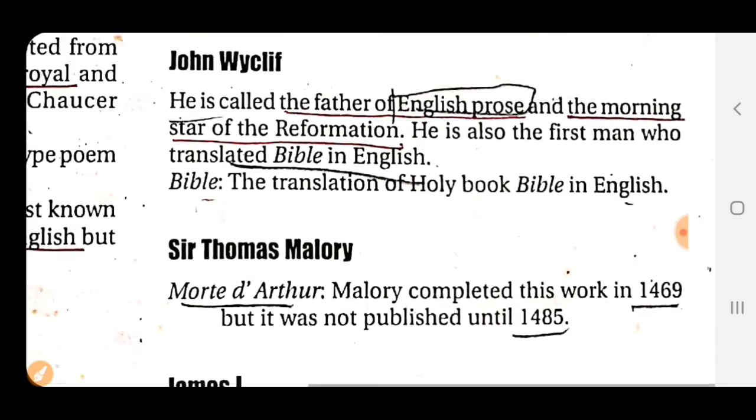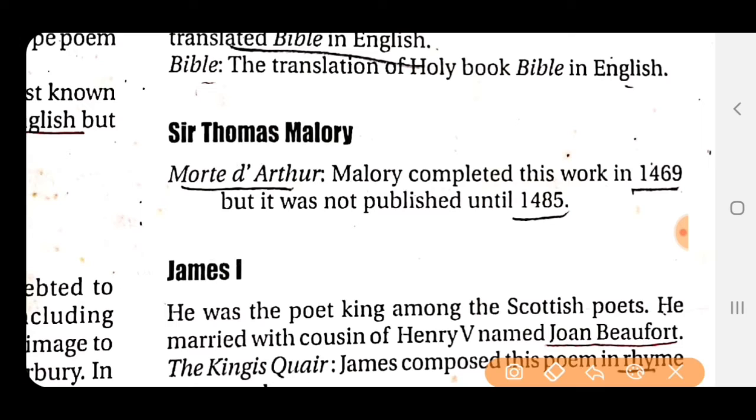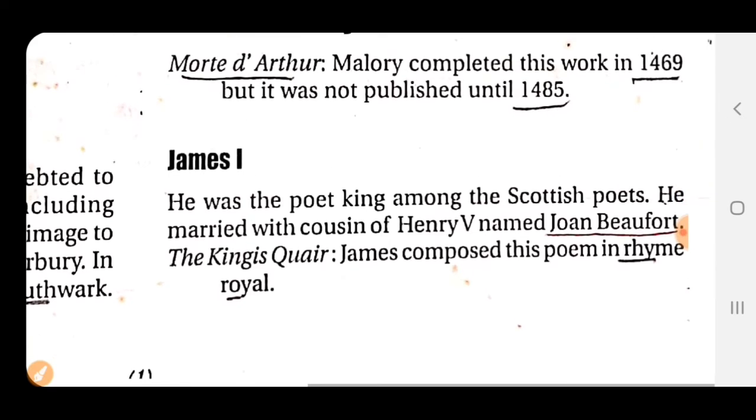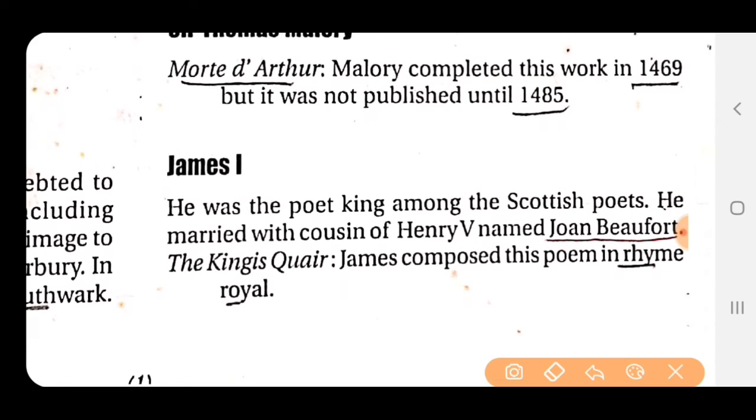The next author is Sir Thomas Malory. इन्होंने मोर्ट डार्थर को 1469 में लिखा, but it was published in 1485. Next is James I. James I was the poet king among the Scottish poets.